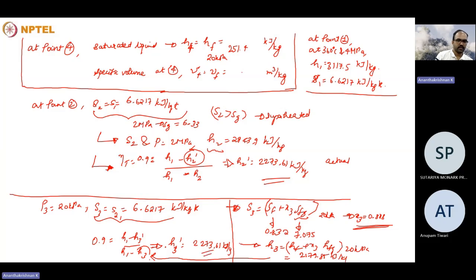We have to make sure that this is not the actual exit of the turbine. This is ideal, based on the ideal turbine exit, with the same entropy as that of the inlet to the turbine. So we get H3 dash is equal to this one.